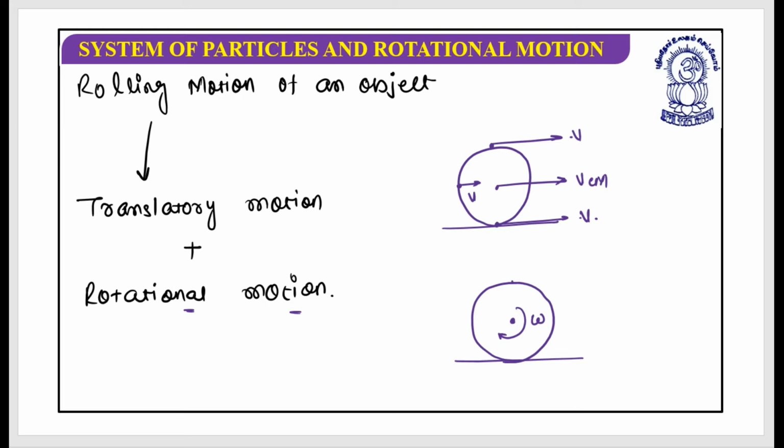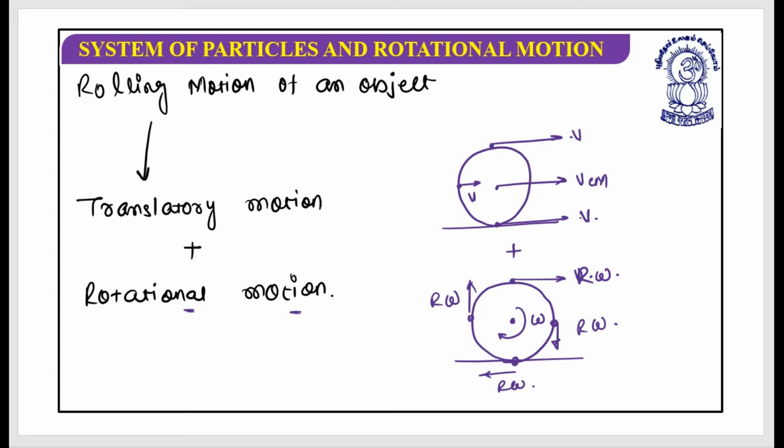Then the tangential speed of all these particles will be r omega. This is r omega in the negative x direction, and this is r omega in the positive x direction. And if I add this to the translatory motion, whatever I am having is the rolling motion, I'm sorry.